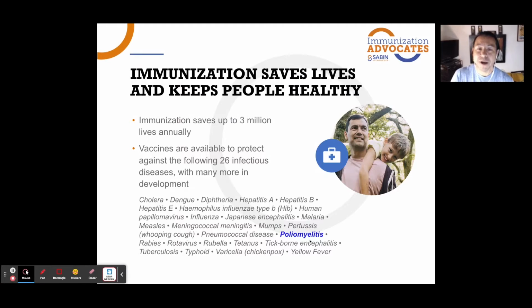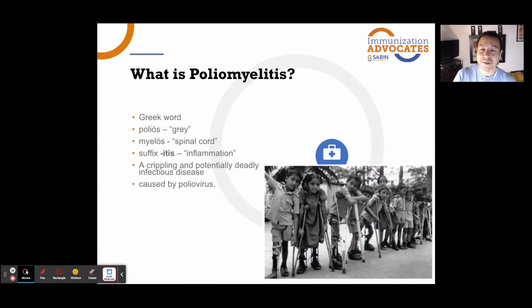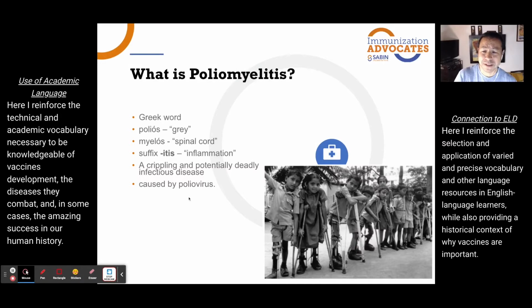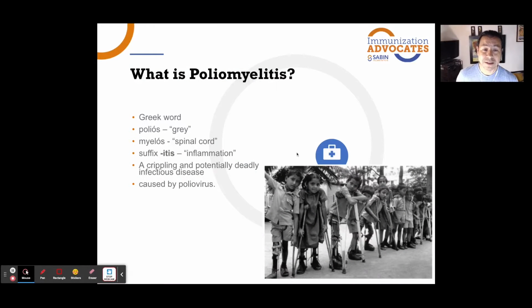Well, in case you were wondering, polio was a big issue before the 1950s. Polio stands for gray, and myelus stands for spinal cord, and everything that finishes with the suffix itis is inflammation. So this is a virus that specifically affected children and rendered them crippled, as you see in these pictures.